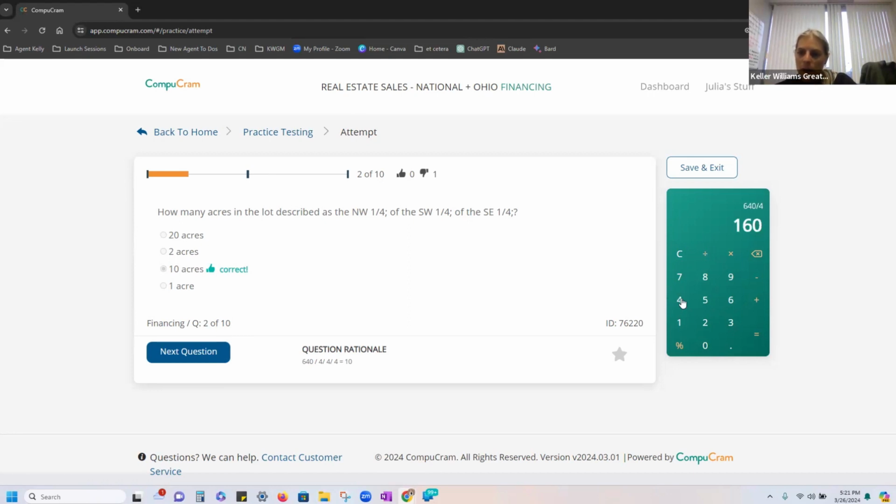Divide that by 4 equals 40, and then divide by 4 one more time, and you get 10. The correct answer is going to be 10 acres.